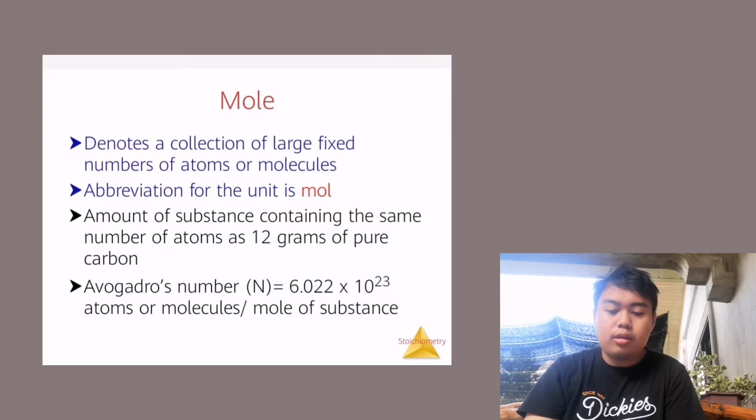The unit mole is the amount of substance containing the same number of atoms as 12 grams of pure carbon. Avogadro's number equals 6.02 times 10 to the 23 atoms or molecules per mole of substance.